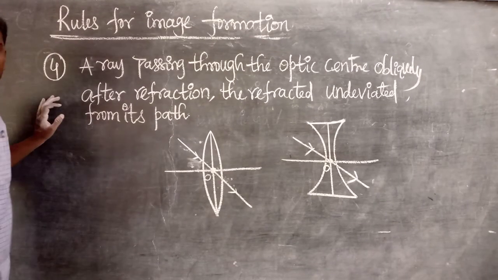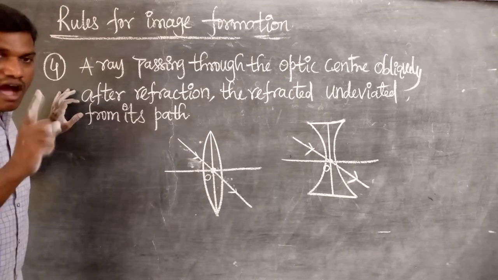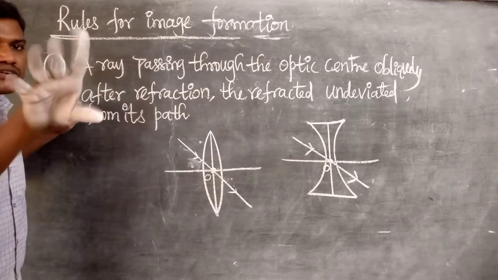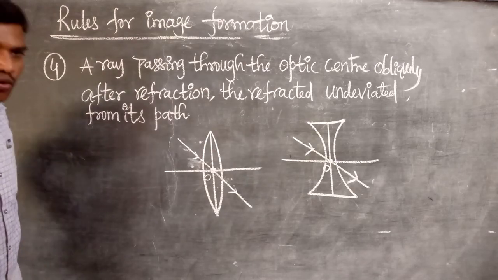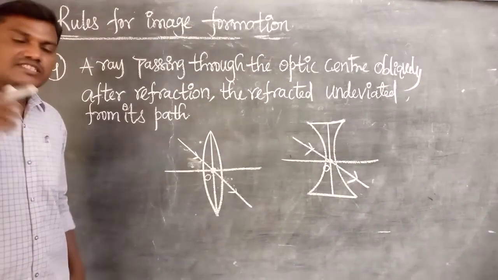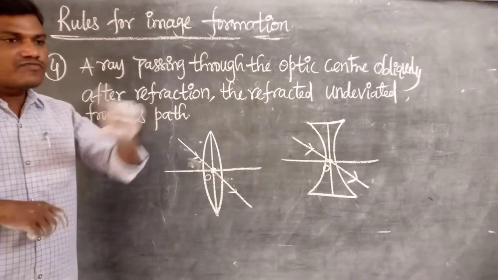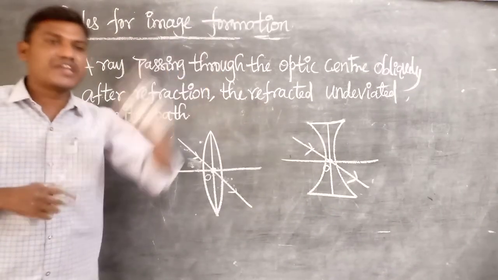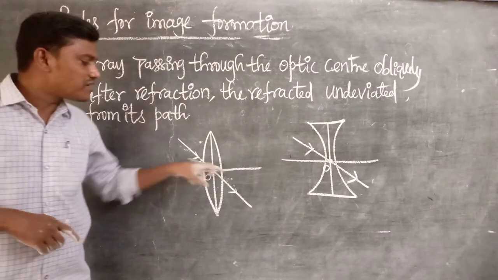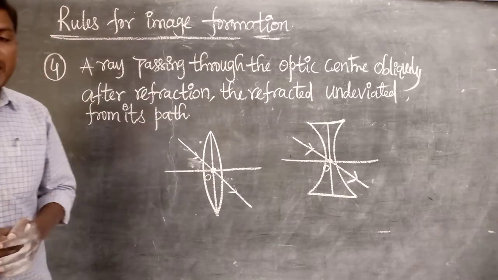Second one, the ray which is passing through the principal focus initially, after the refraction, the refracted ray must be parallel to the principal axis only. Next, third one, a ray passing through the optic center along the principal axis, after the refraction, is undeviated. Next, the fourth one, a ray passing through the optic center obliquely, after the refraction, the refracted ray is also undeviated.